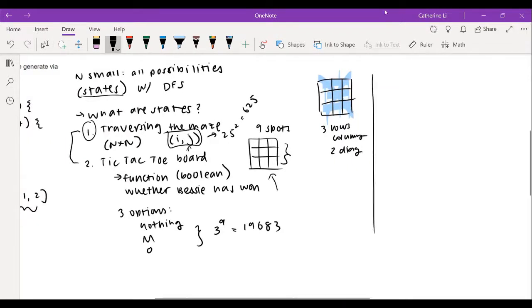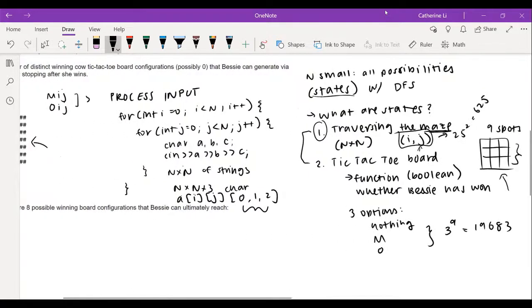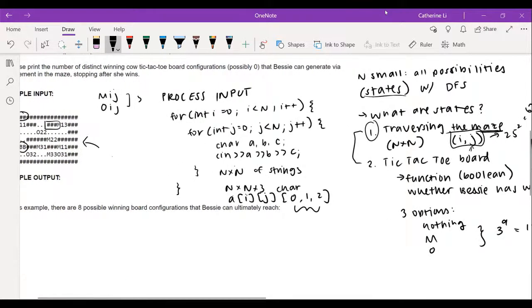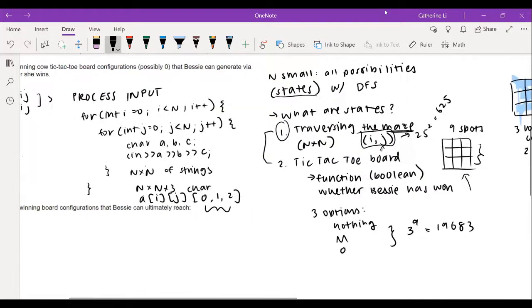One last thing is how to actually traverse the DFS, or in this case traverse the maze, because once we go to a spot in the maze, we see what the position is calling for. It could be place something, nothing, or you can't go here.